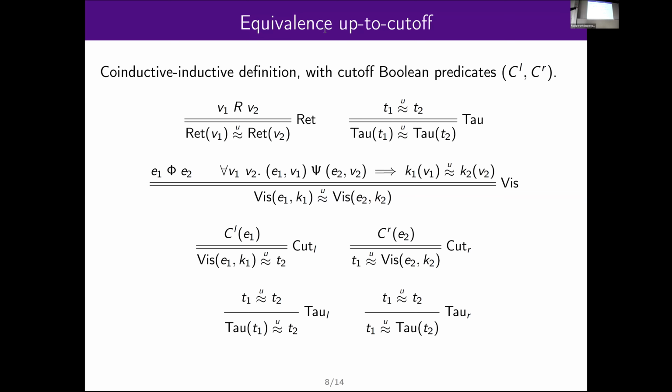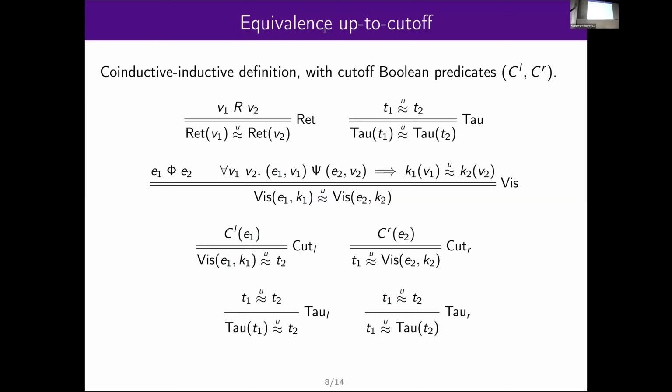Then we have phi as a precondition on events, psi as a postcondition on event execution. And then we have CL and CR, which are predicates that decide which are the cutoff events, either on the left or on the right. We actually use just the cutoff on the left for errors in the source.